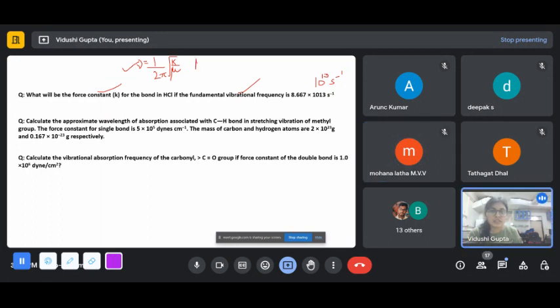So first we will calculate the value of mu. It will be m1 m2 divided by m1 plus m2. So now we are talking about HCl. So the mass of hydrogen and the mass of chlorine atom we have to calculate.